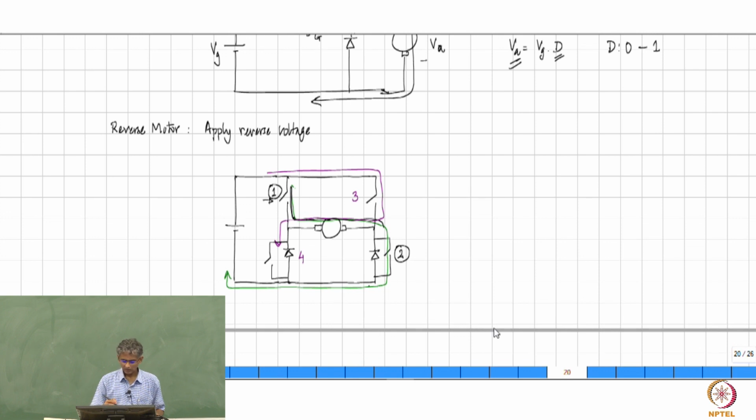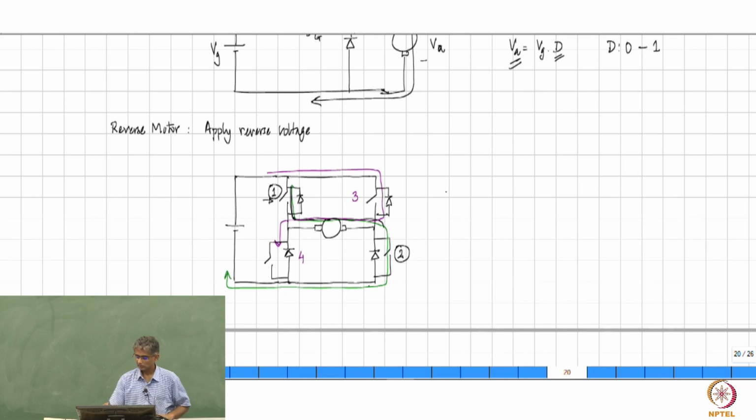Right? But it so happens that that alone is not sufficient. You will need diodes across this as well. Let's not get into reasons why you need a diode. You need a diode. So, ultimately, therefore, you have a nice looking arrangement consisting of 4 switches and 4 diodes.